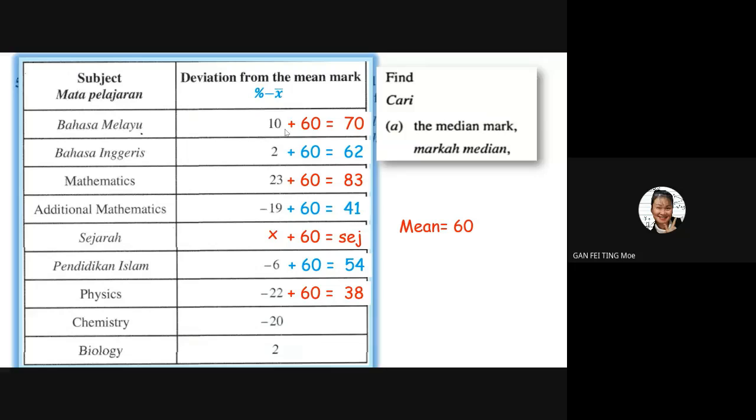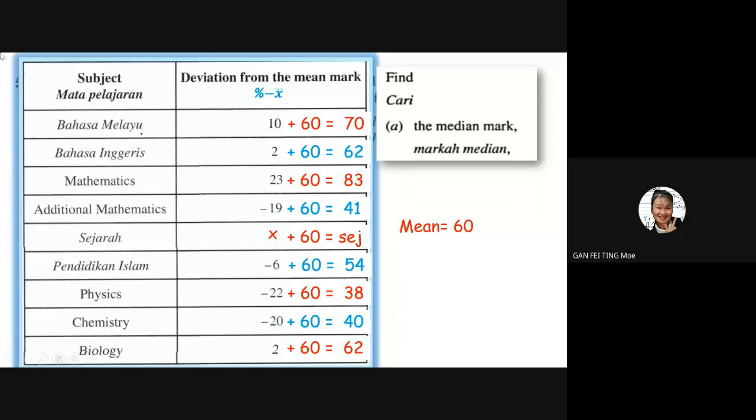Okay, then I go to Christine. What is your chemistry? Who has mic? Please tell me the answer for chemistry. Who wants to try? I'm not going to call your name. Chemistry? 40. Okay, good. How about biology? 62. Good. So you have all the marks.